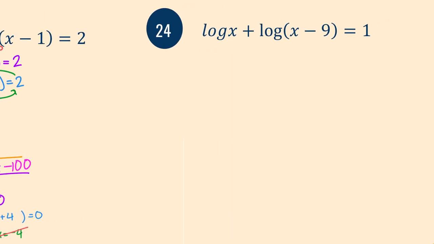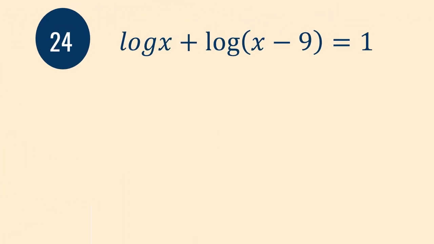All right, and looking at 24, following the same steps, I don't have a base, so I'm going to add that base of 10. And then I have to condense what I have. So condensing, I have a plus symbol, that means I'm multiplying.